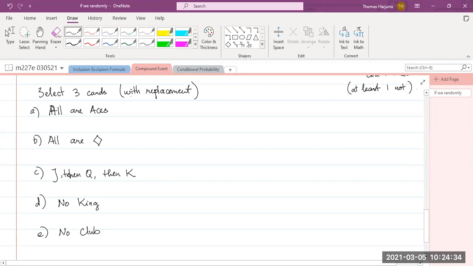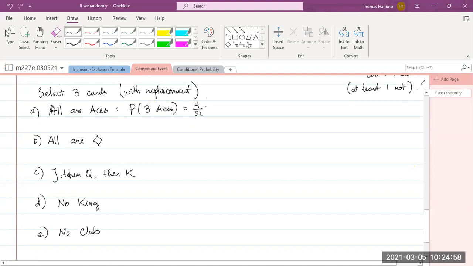Okay, what is the probability all are aces? Remember, we do it with replacement. The probability the first one is ace is 4 out of 52, right?